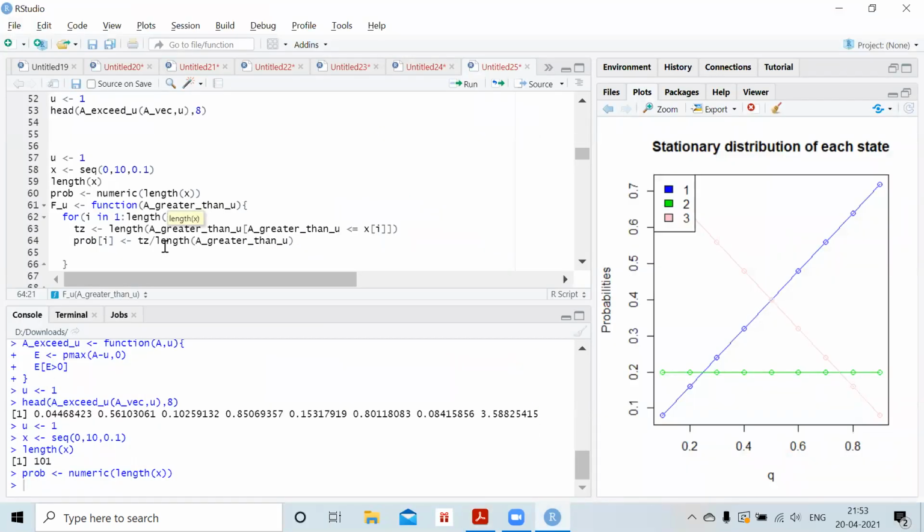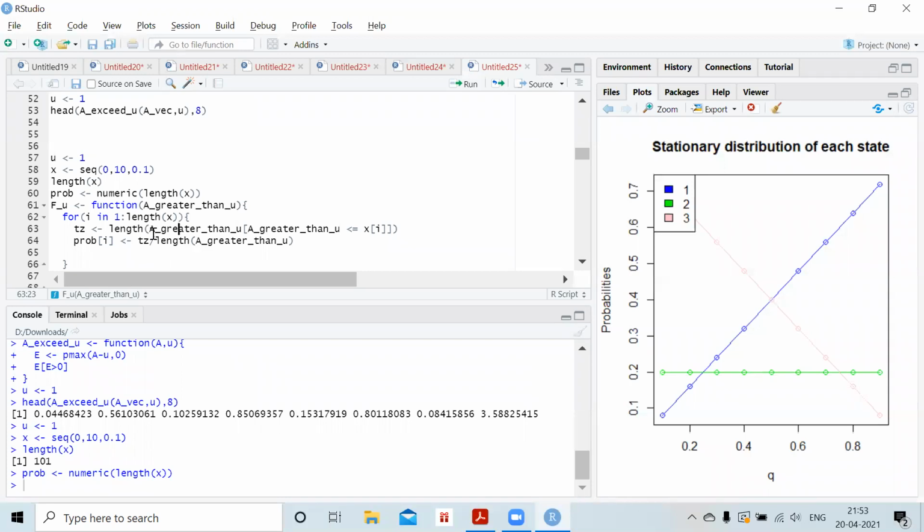Interpret it, think, read, and understand that you have to find the probability of A_i minus u less than or equal to x_i. The basic definition of probability says number of favorable outcomes divided by total number of outcomes.